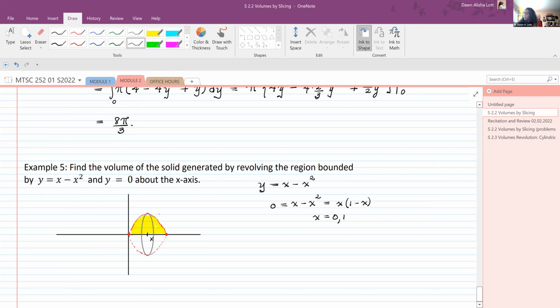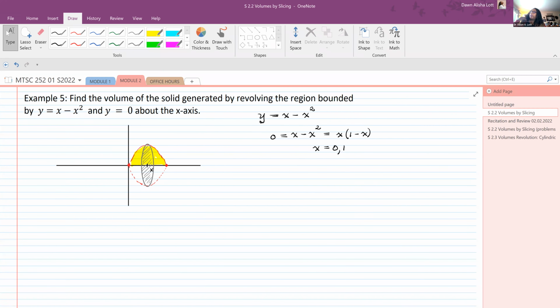So I get something that looks like that. So now I can see my disk. That is weird that it wiggles when I draw in it. Okay, there's my disk. All right, so what's the radius of my disk?